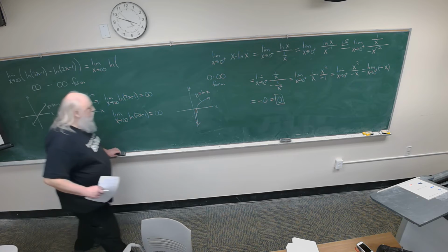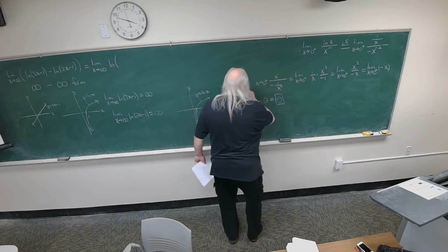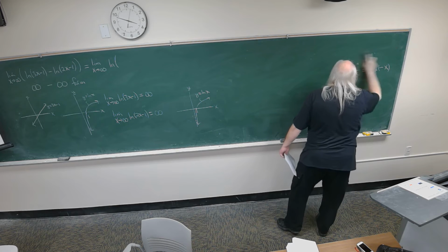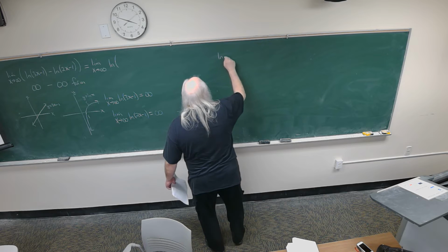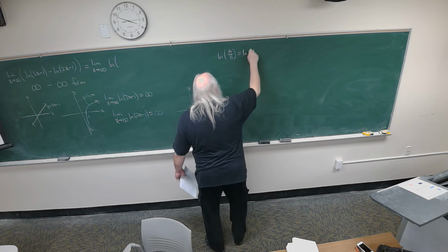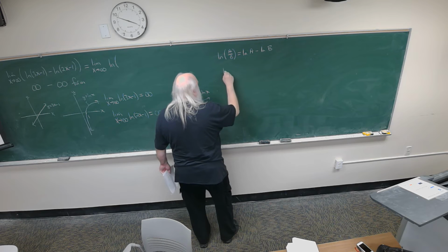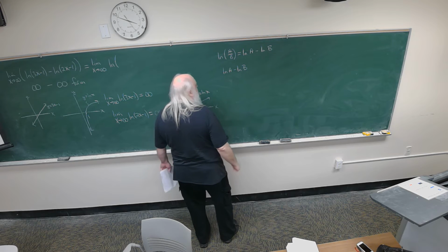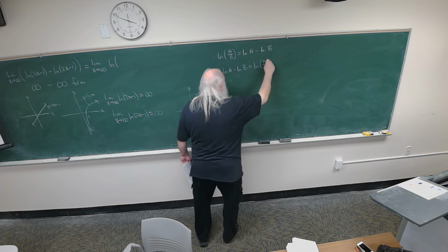The quotient rule of logarithms says the natural log of A over B is equal to the natural log of A minus the natural log of B. And if you switch the two sides, you have the natural log of A minus the natural log of B is equal to the natural log of A over B.